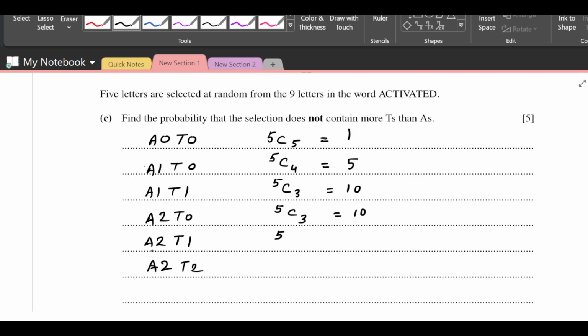If I choose two A's and one T, that means I have to select only two from the remaining, and that can be done in 10 ways. And if I select two A's and two T's, I have to choose only one from the rest, so that will be done in five ways. So total arrangement if I see 10, 20, 30, 40, and 41. So this is 41.